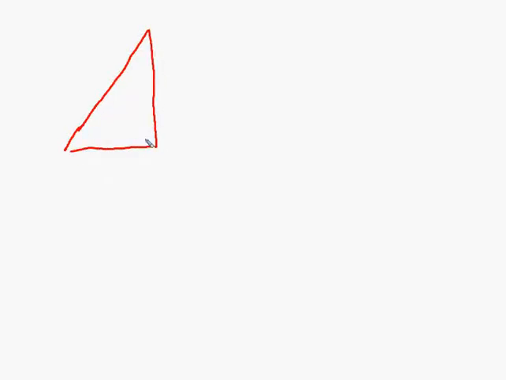and let's say this side is 13. Let's say this side is 6, and this side is x. And I want to find the missing side. Now this is only going to work if I have a right triangle.